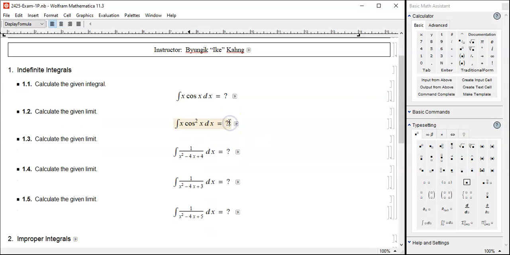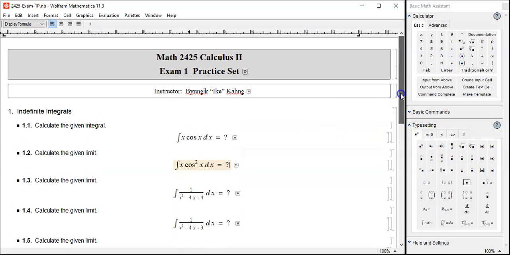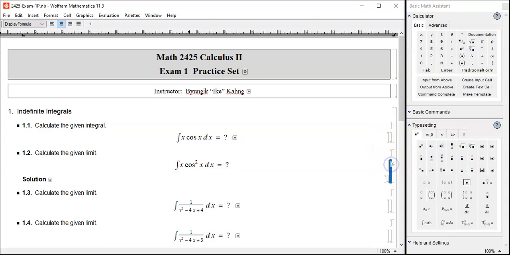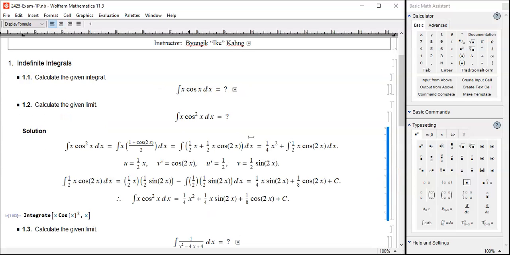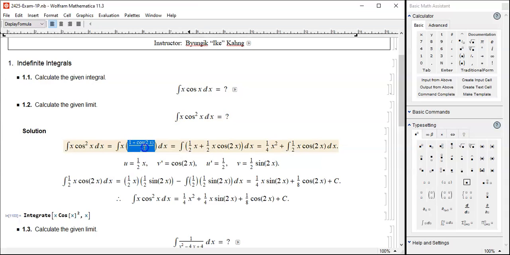Next problem. This is going to be an integration by parts as well, but it's a little bit harder to see because we have cosine squared here. However, by this time, you should remember that cosine squared can be reduced down to just a single power using the half angle formula, or double angle formula if you want to call it that. In short, cosine squared can be written as (1 plus cosine of 2x) over 2.